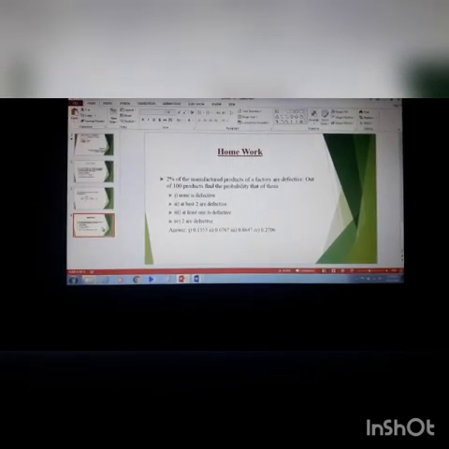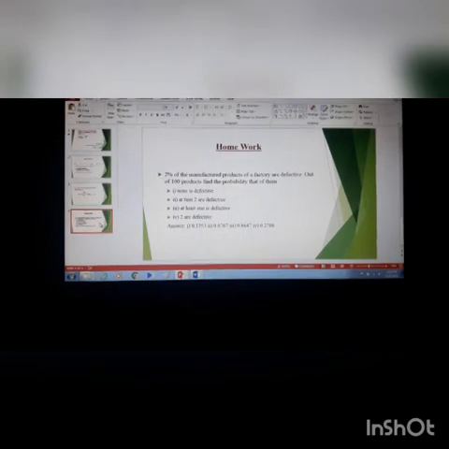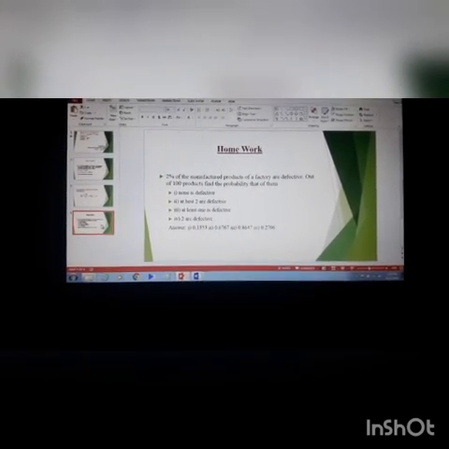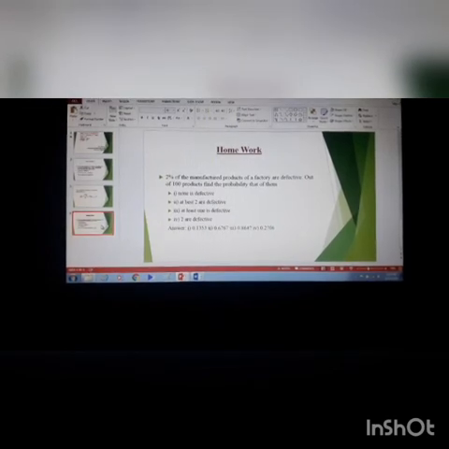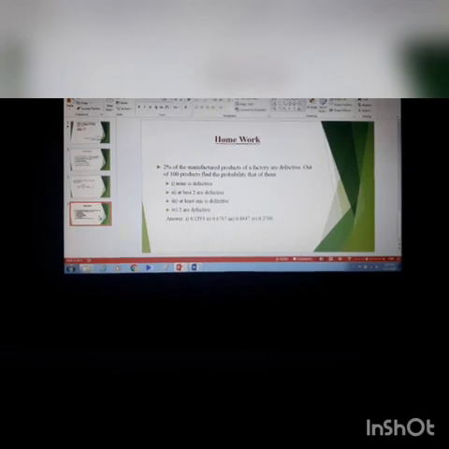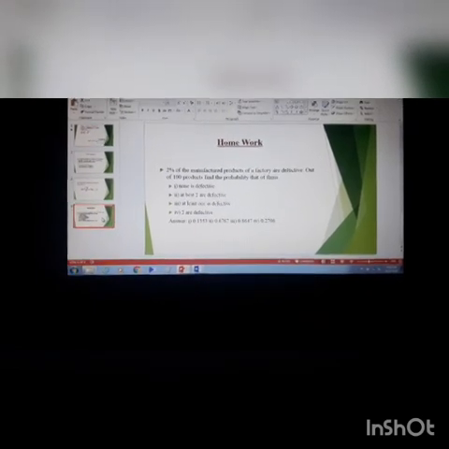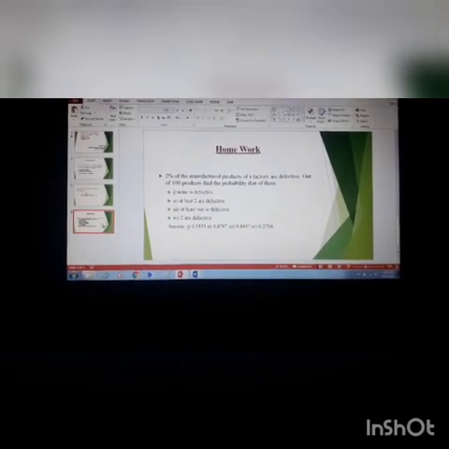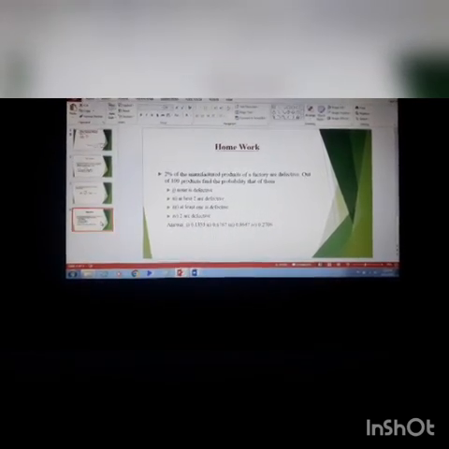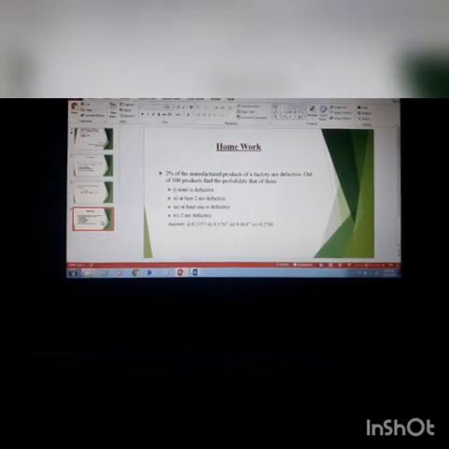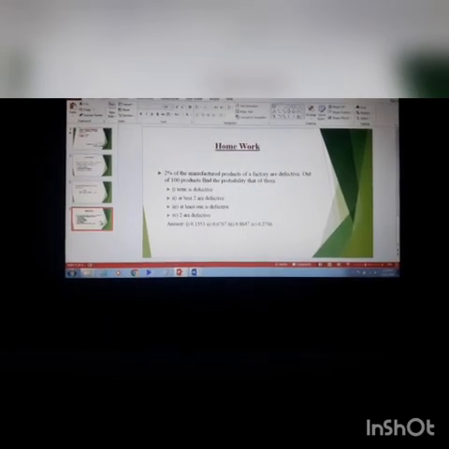Out of 100 products, find the probability that none is defective, at best 2 are defective, at least 1 is defective, and 2 are defective. After solving the problem, you will get the answers: number 1 is 0.1353, number 2 is 0.6767, number 3 is 0.8647, and number 4 is 0.2706.